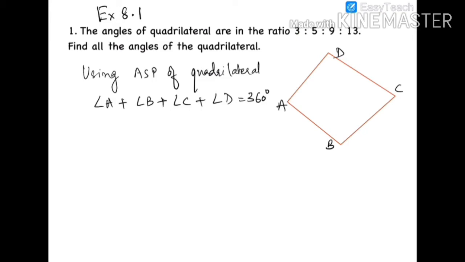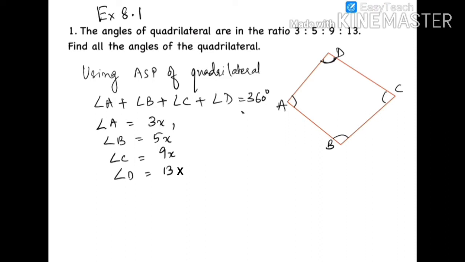3:5:9:13. So let's consider a common factor x, and we can say angle A is 3x, angle B is 5x, angle C is 9x, angle D is 13x.